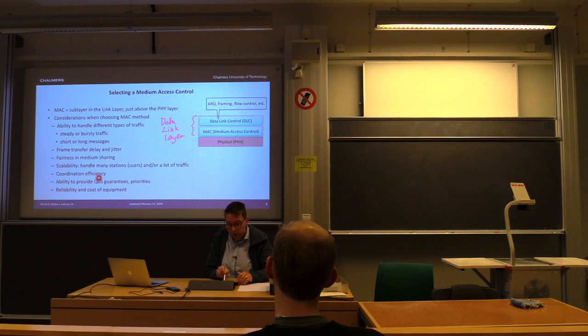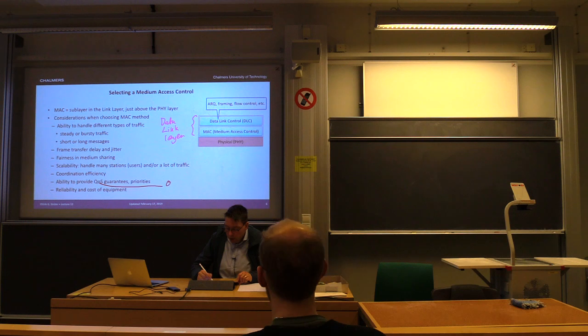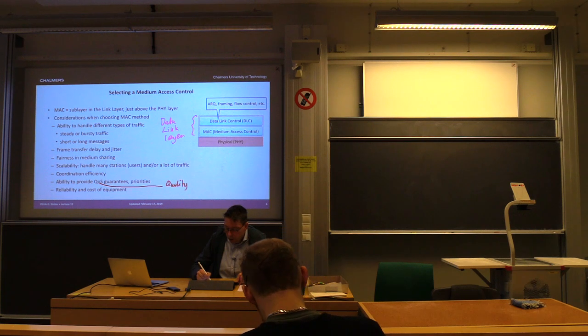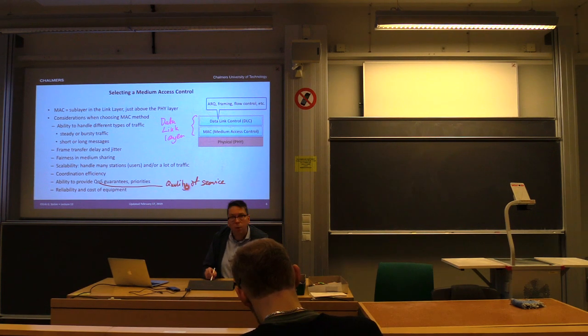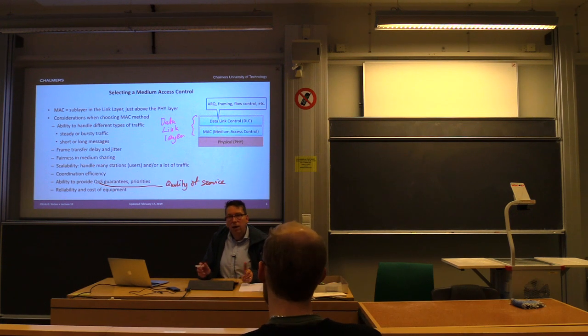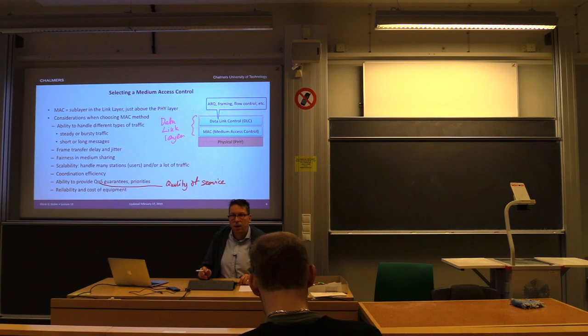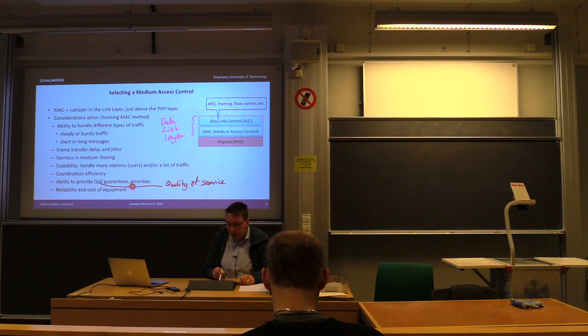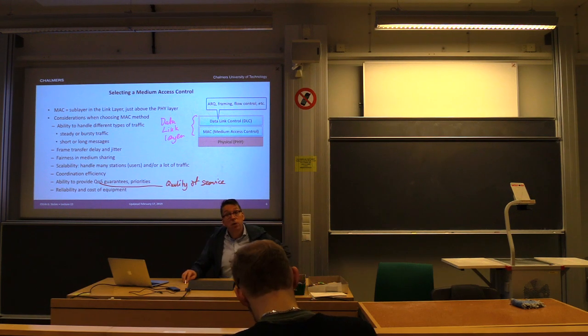And then the ability to provide QoS. What's that? This is quality of service. It's a broad term: the services using the MAC layer may have quality parameters that we should try to respect. Among other things, sometimes we would like the MAC layer to provide priority.